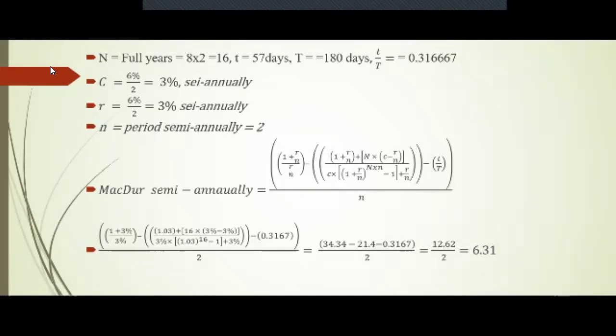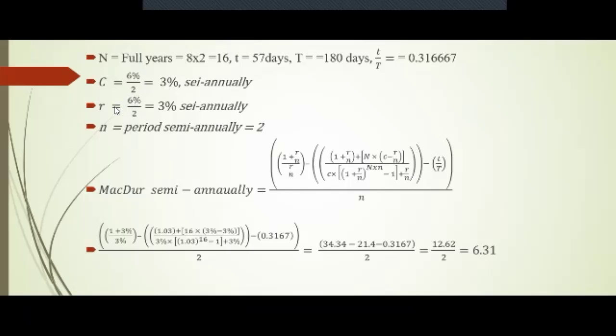If they said, for example, monthly, we would need to divide by 12. All this we divide by 12. So that is the formula for the period, whether semi-annual, quarterly and so on.